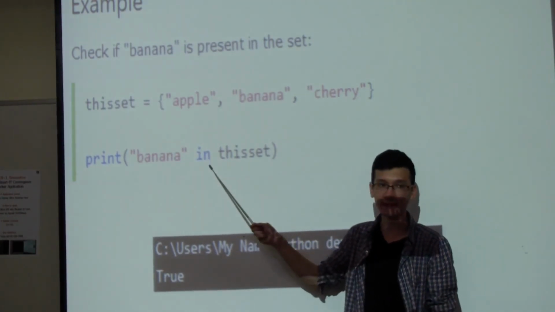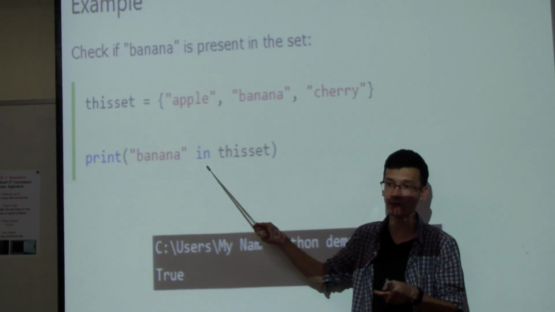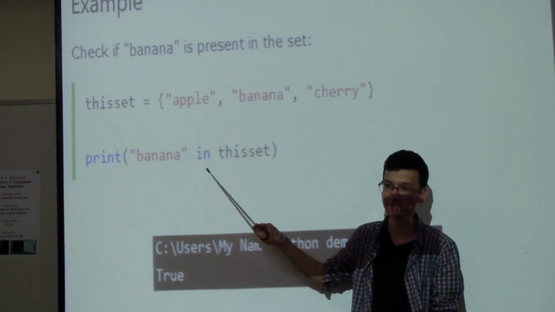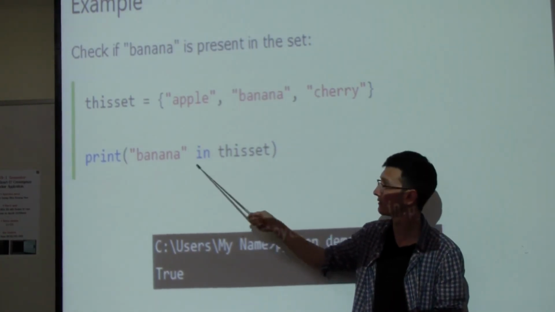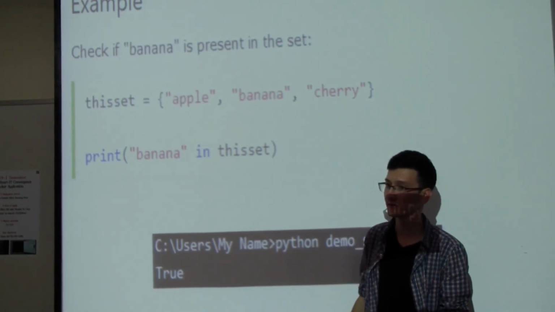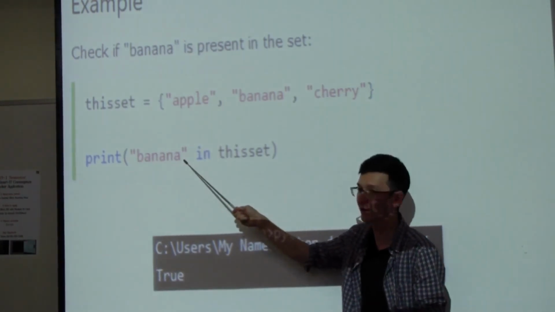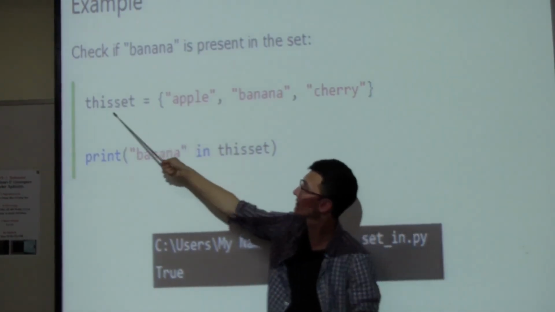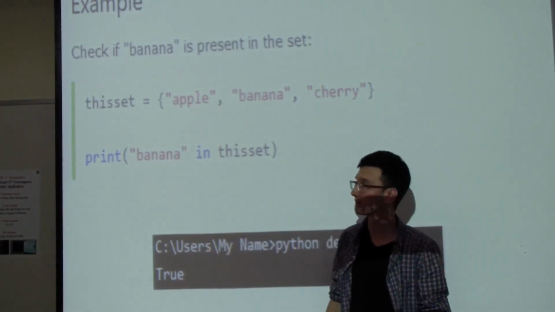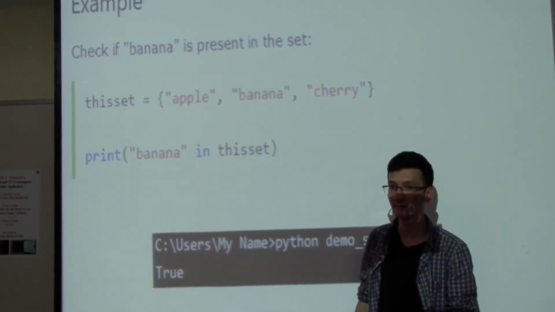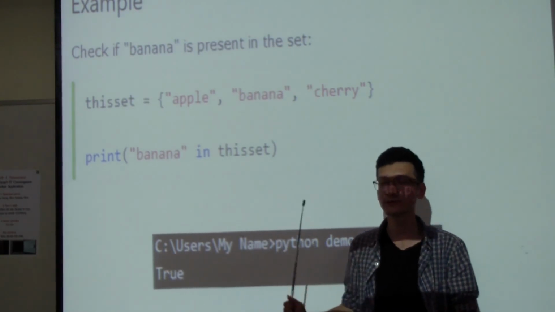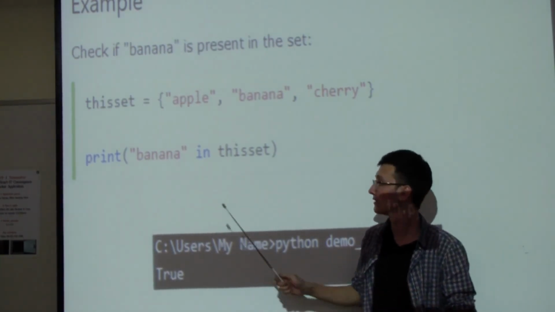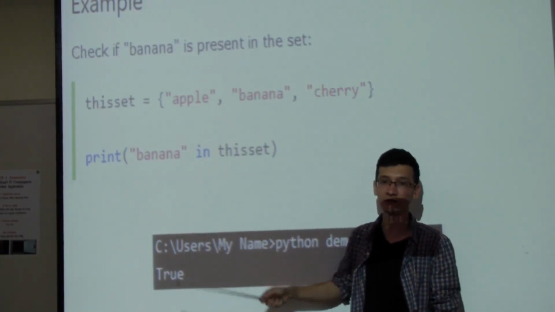You can use this in with the list and with the tuple as well. For example, banana value in this set. So in is like using it with a tuple. It's one of the operators. We can use in or not in.